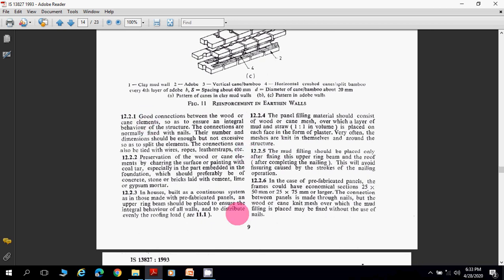For a good connection between the wood and cane elements, and to protect them from tearing of the surface, the surface is painted using coal tar, especially the part which is embedded into the foundations. So coal tar should be applied on these reinforcement surfaces to prevent tearing of the surface.